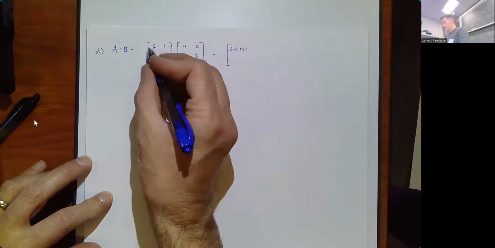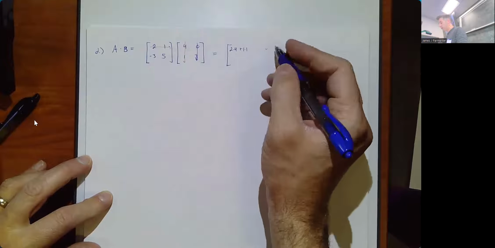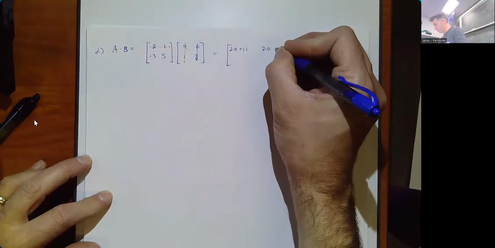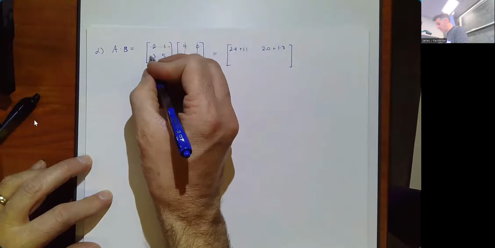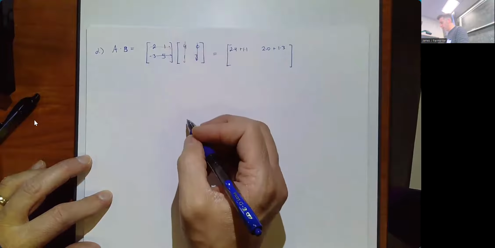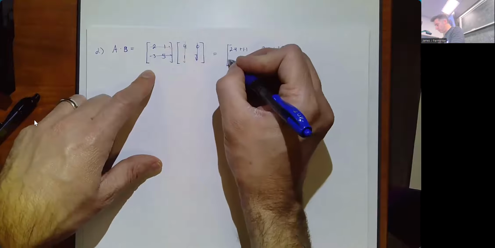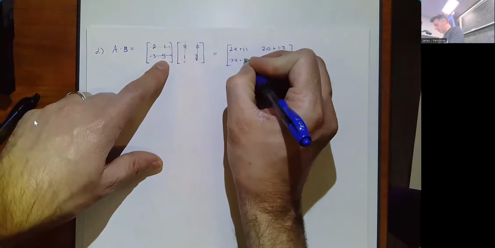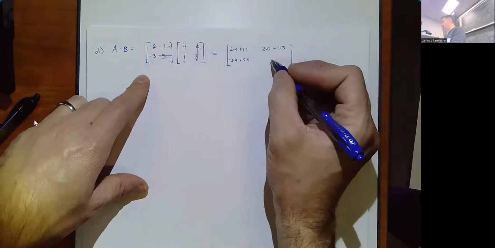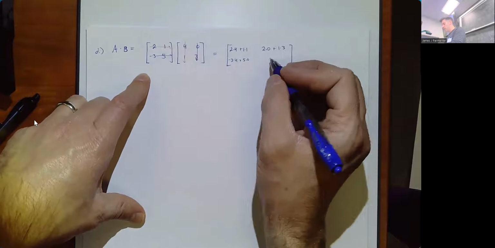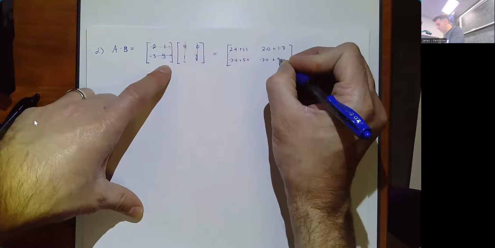When I dot the first row with the second column, I get the entry that's in the first row and the second column. 2 times 0 plus 1 times 3. When I dot the second row with the first column, I get the thing that goes in the second row, first column. Negative 3 times 4 plus 5 times 0. And finally, when I do the second row dotted with the second column, I get the thing that goes in the second row, second column. Negative 3 times 0 plus 5 times 3.